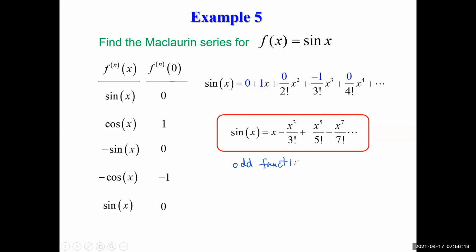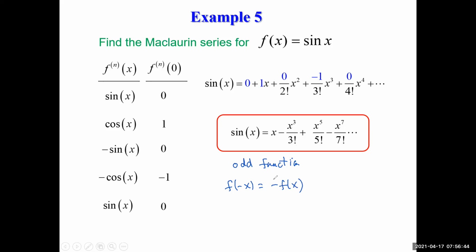Remember even and odd? An odd function is symmetric with respect to the origin. In other words, an odd function satisfies f of negative x equals negative f of x by definition.